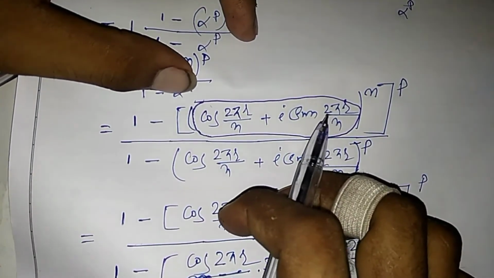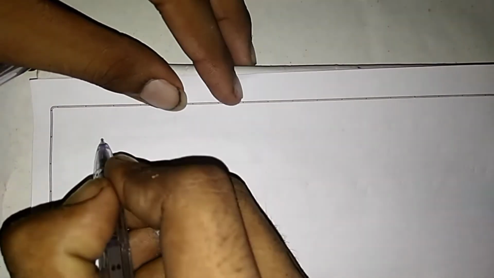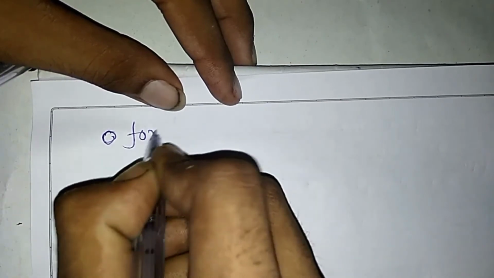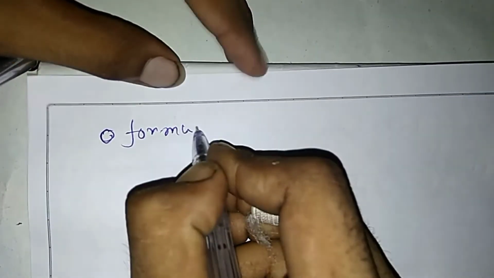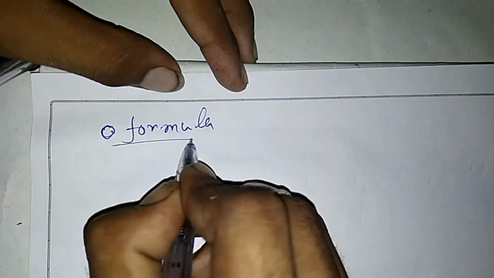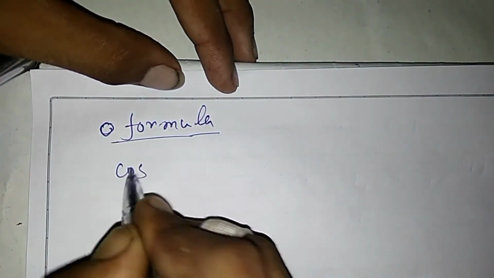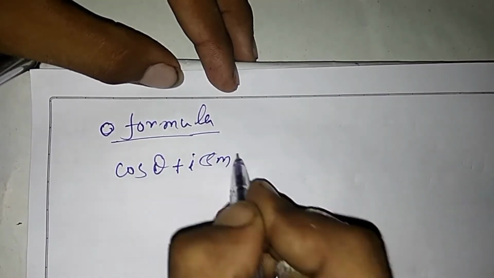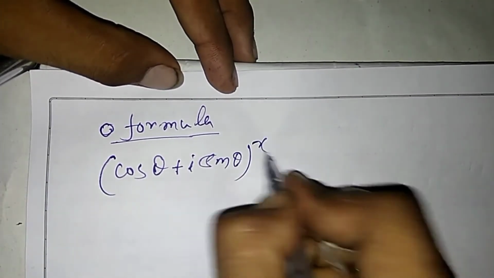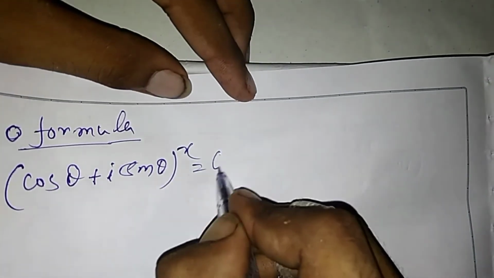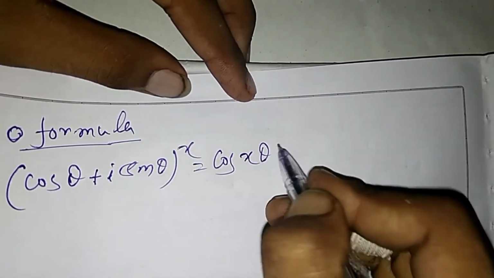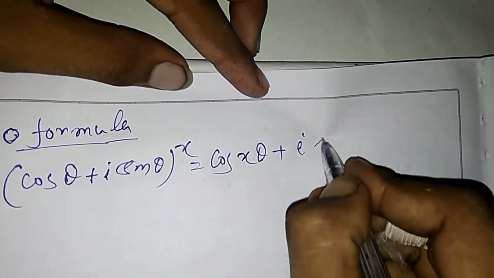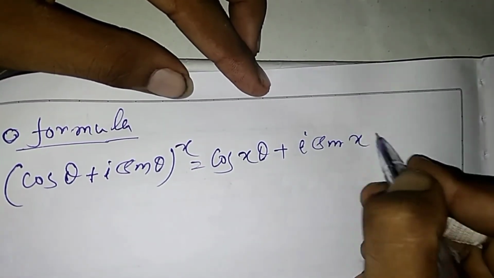The formula is: (cos theta plus iota sine theta) to the power x equals cos x theta plus iota sine x theta.